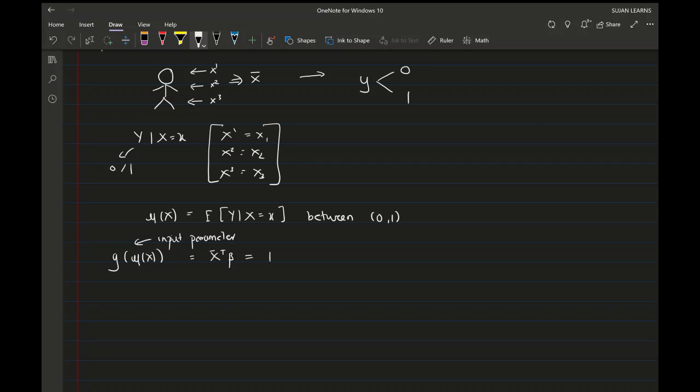This is a real number that ranges from minus infinity to plus infinity.